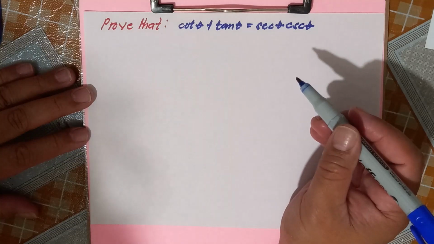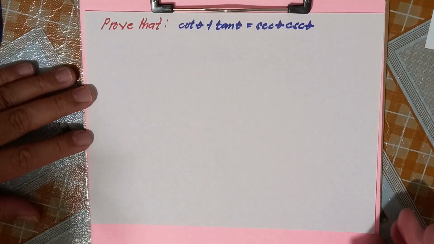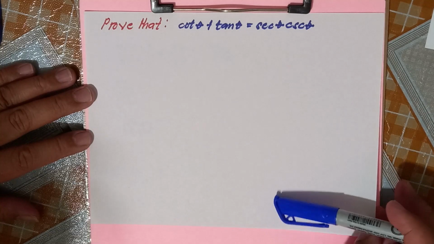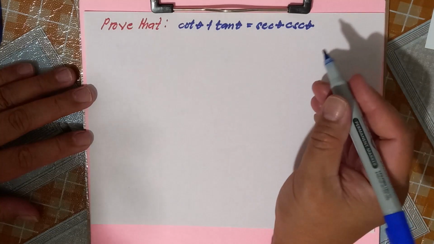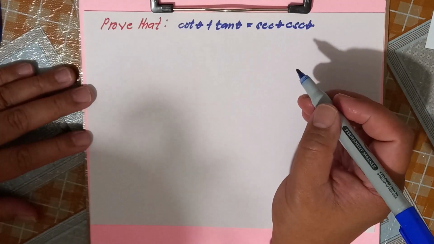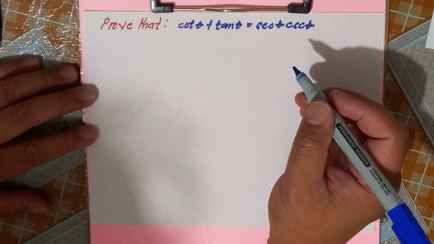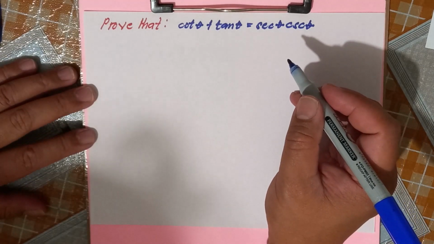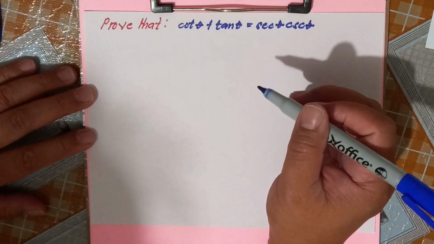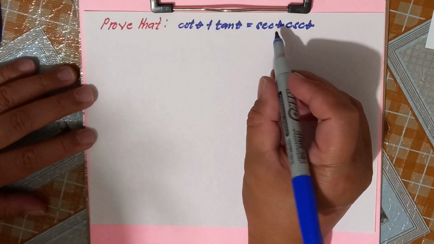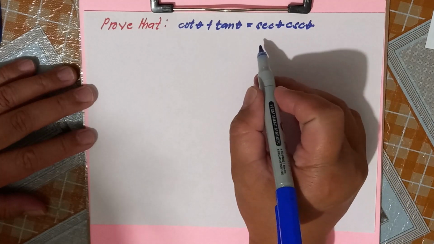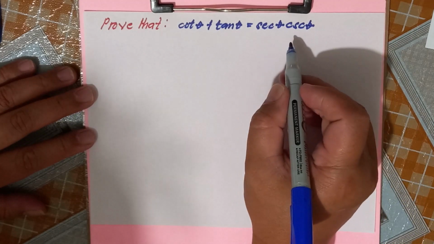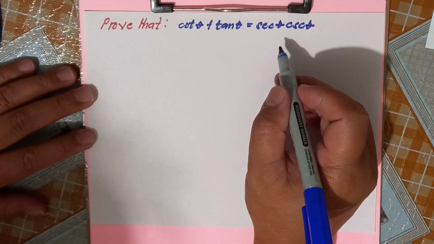Our focus today is to show you how to prove trigonometric equations using the two-sided method. Meaning to say, we are going to simplify both sides of the equation.